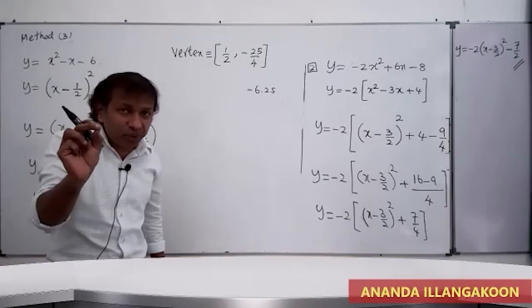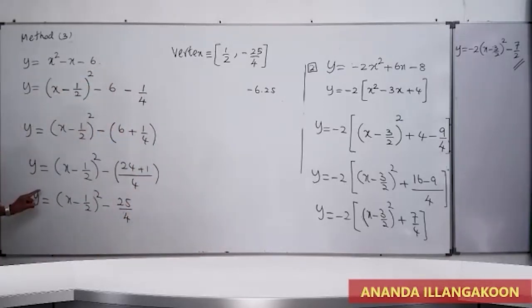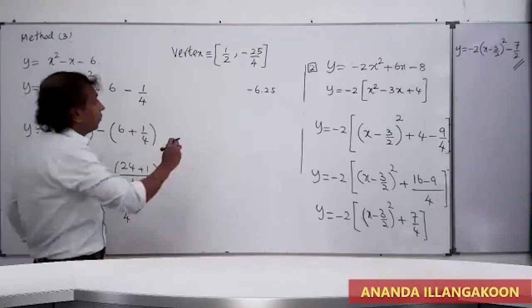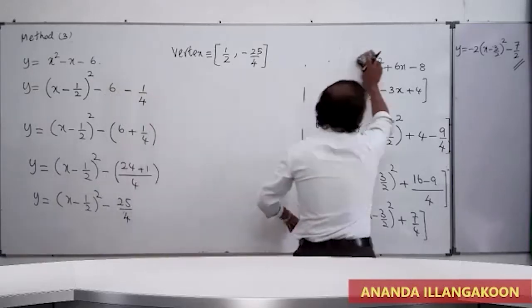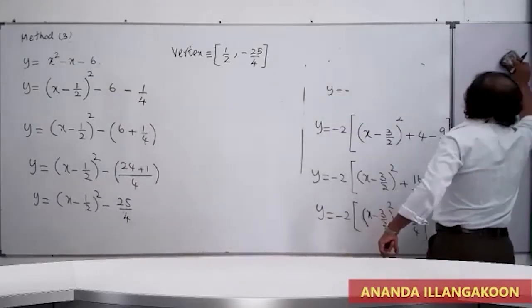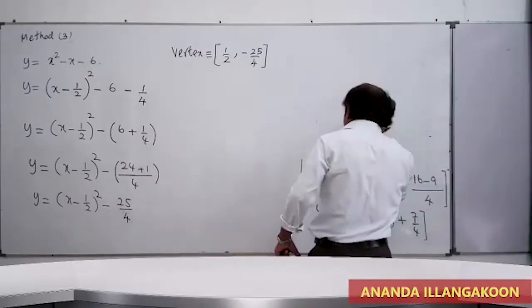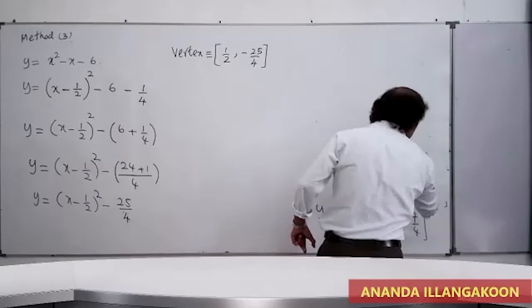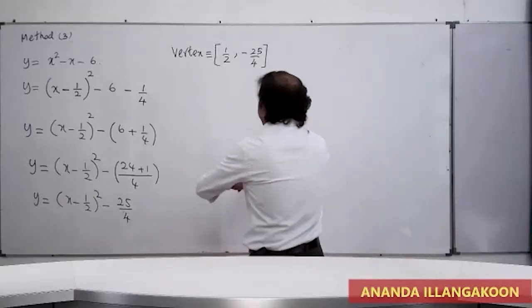We said to find the roots, what do we have to equate y to? 0. Y we have to equate to 0, and we have to find x. Now we'll write the roots.